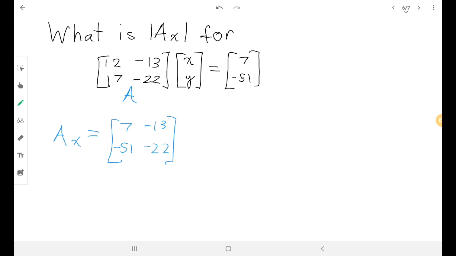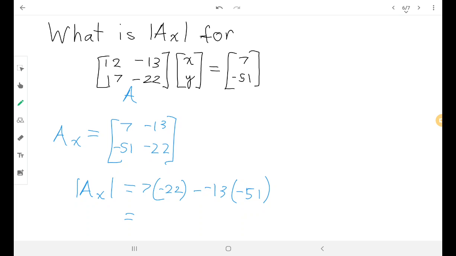So then the determinant of A sub x is 7 times -22 minus -13 times 51.